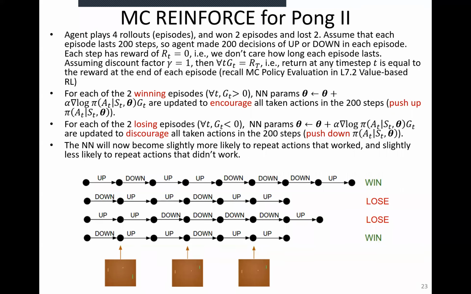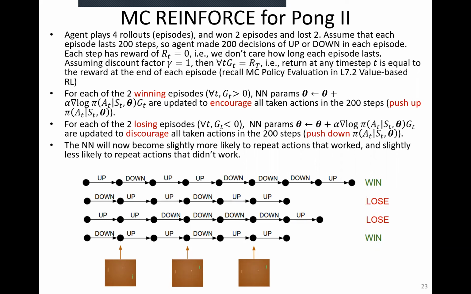So suppose the agent plays 4 rollout episodes and won 2 episodes and lost 2 episodes. Assume each episode lasts 200 steps. So the agent made 200 decisions of up or down in each episode. So suppose each step has reward of 0. So we don't care how long each episode lasts, we only care about the final outcome of the game.